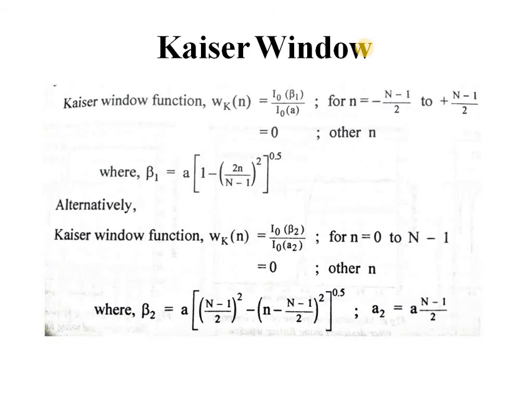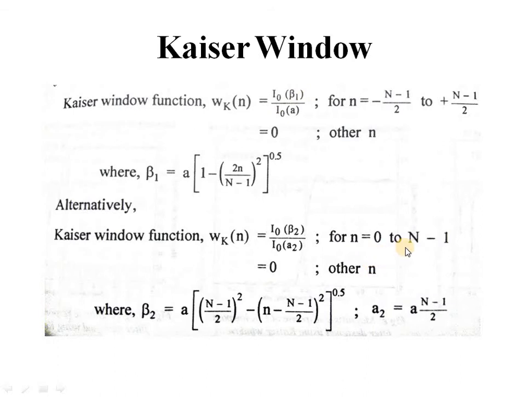Generally, the prolate spheroidal functions have the desirable property, but these functions are difficult to compute. Kaiser developed a simple approximation to these functions in terms of zero order modified Bessel functions of the first kind, which is denoted by I naught of x.